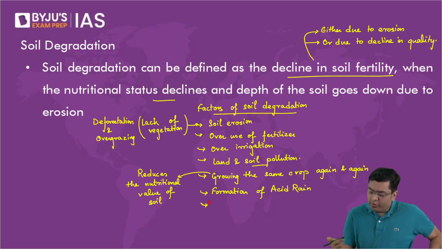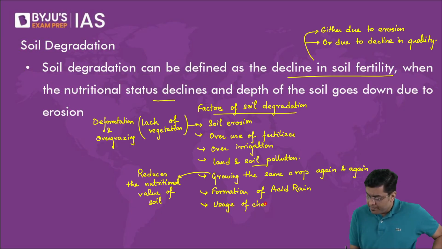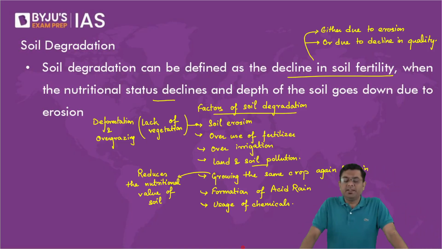So use of fertilizers, usage of chemicals, we will write. Okay. Natural disasters, not providing enough nutrients, yes. So these are the various macro causes.